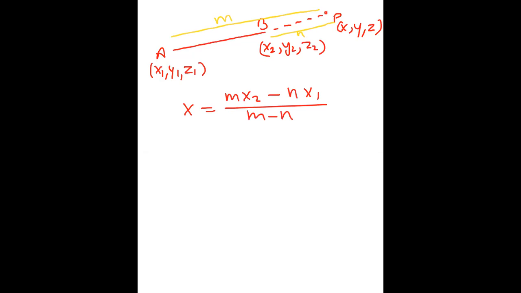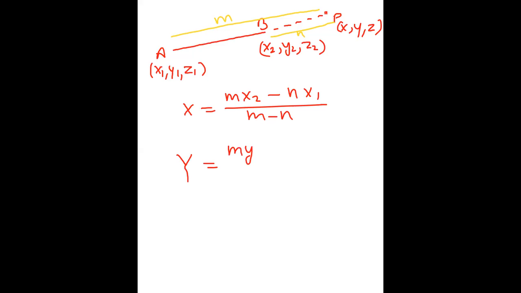Only the difference which is coming is when we are talking about the section formula internally, in between positive sign lies. For externally, in between, negative sign will be coming. Only this is the small difference between the internal and external intersection.